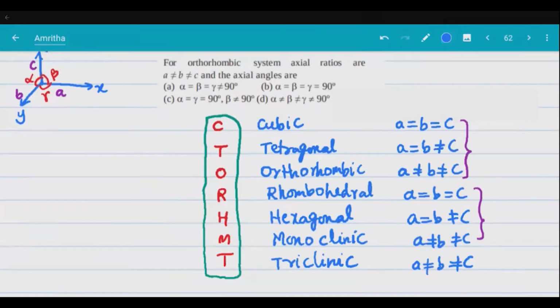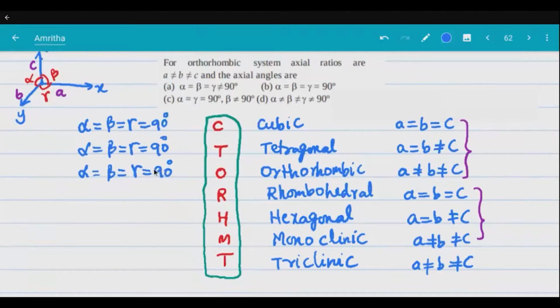Now coming back to the angles alpha, beta, gamma: they are all equal to 90 degrees, and the same for the next one. Now what about orthorhombic? Again the same, the triplet is coming: all angles are equal to 90 degrees.